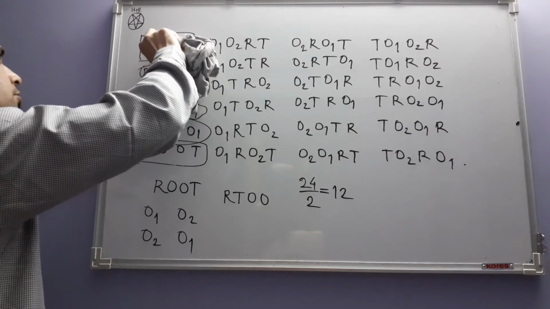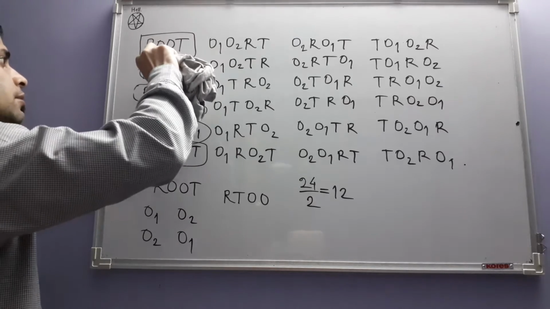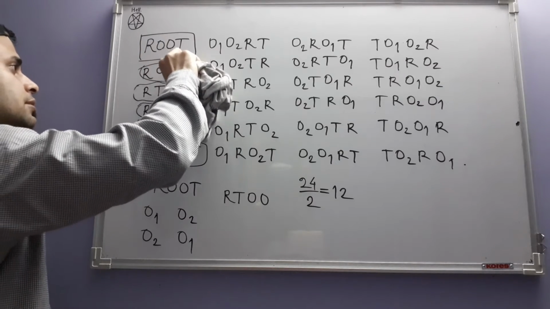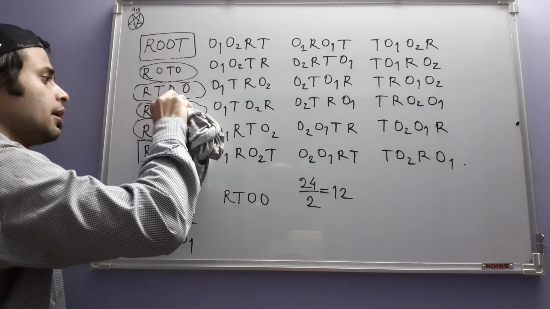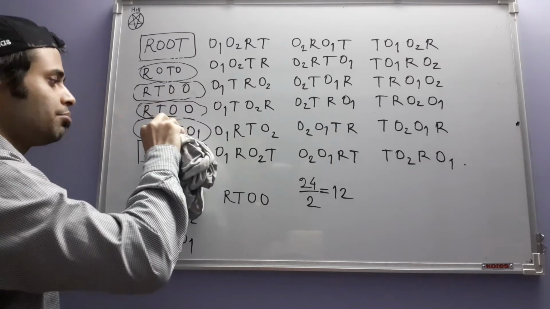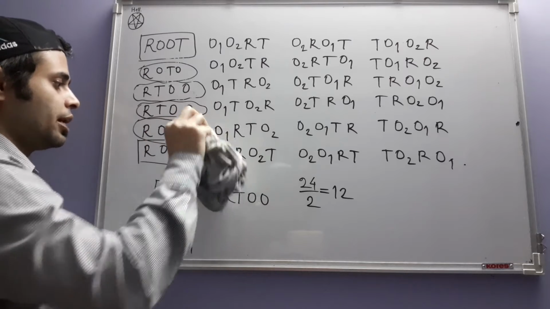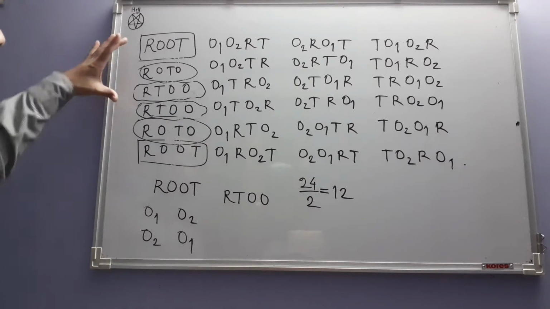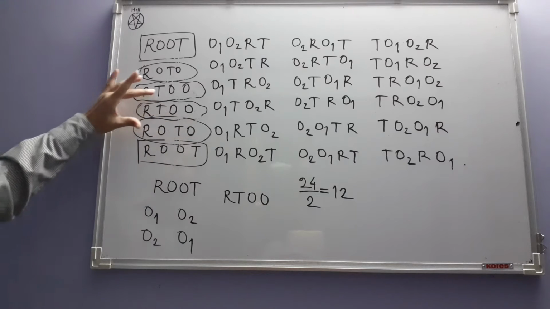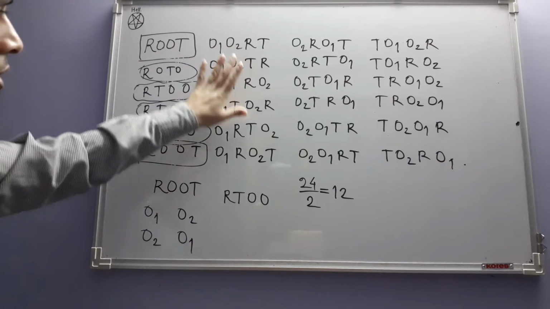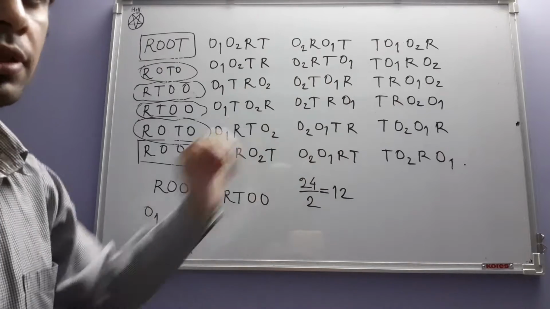So if I just remove the suffixes, then I will see that I get the same permutations twice: ROOT, ROTO, RTOO. The same thing will happen here also, here also, here also.